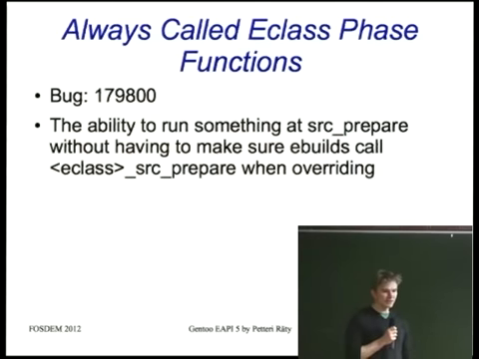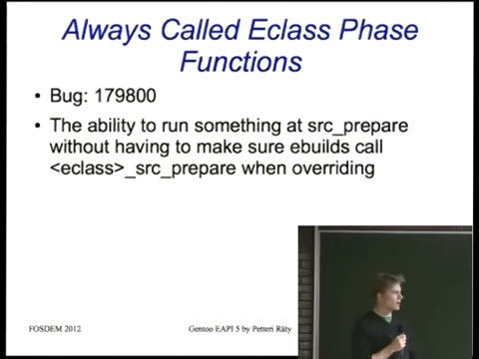In the eclasses you can provide defaults, and if you don't want to use those defaults in the ebuilds, you can specify your own. But truly, there's no way in the eclass to say that I want this eclass function to be always run at source configure time.